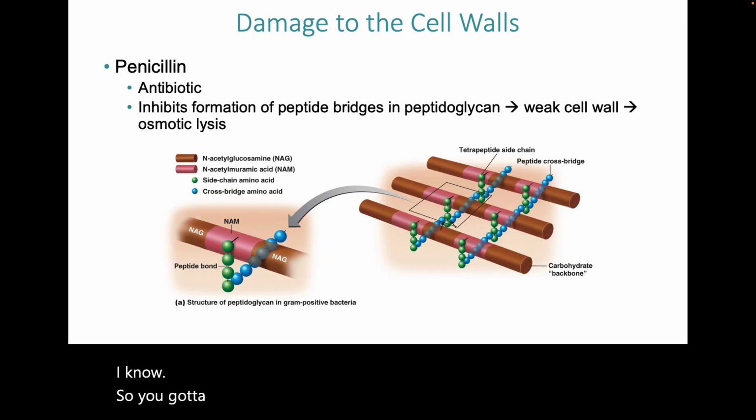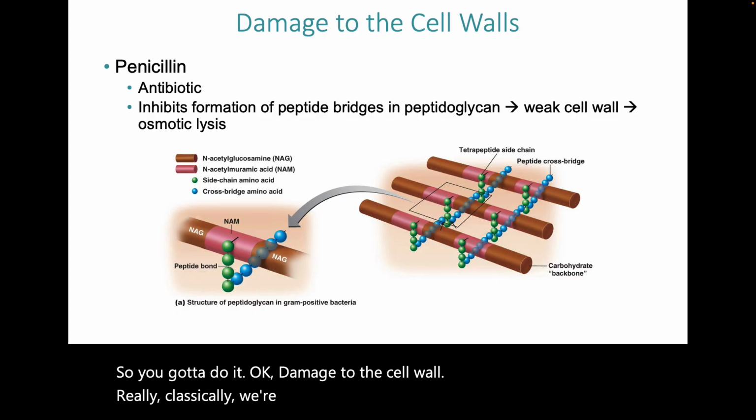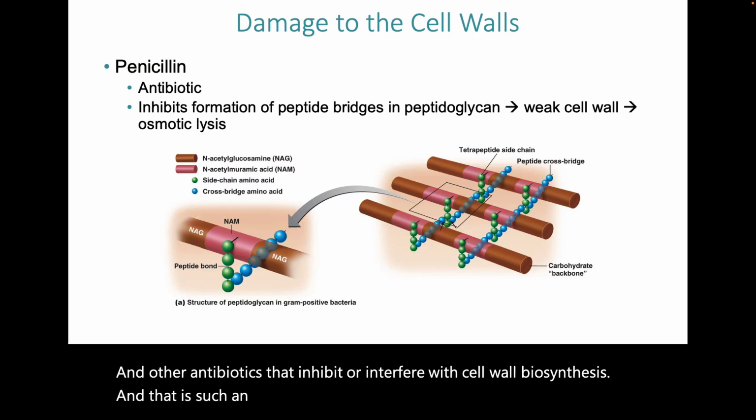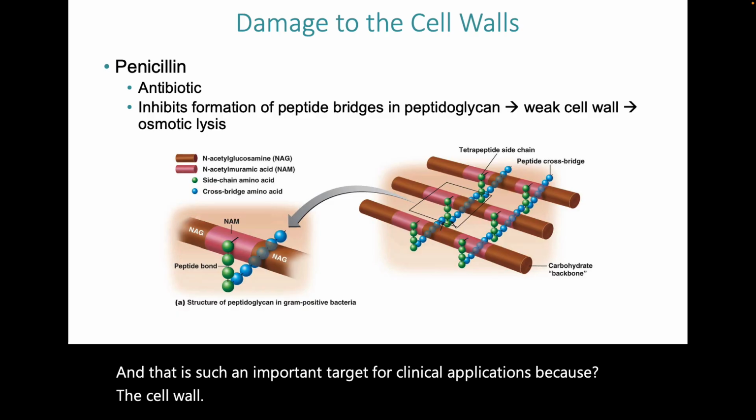Okay. Damage to the cell wall. Really classically, we're looking at things like penicillin and other antibiotics that inhibit or interfere with cell wall biosynthesis. And that is such an important target for clinical applications because the cell wall doesn't exist in us.